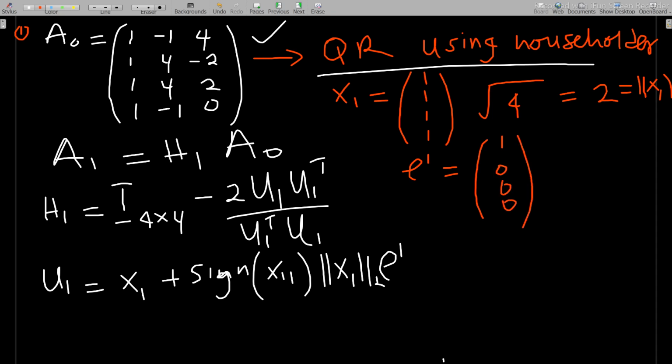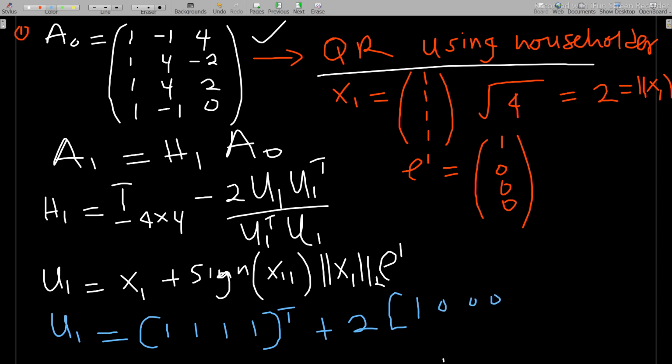It means that my u1 can be equal to x1, which is, let me transpose it, 1 1 1 1 transpose, meaning the column vector, plus the sign of the first element in x1, which is positive, so just positive like that. Then the modulus of x1 is 2, times this 1 0 0 0 transpose.